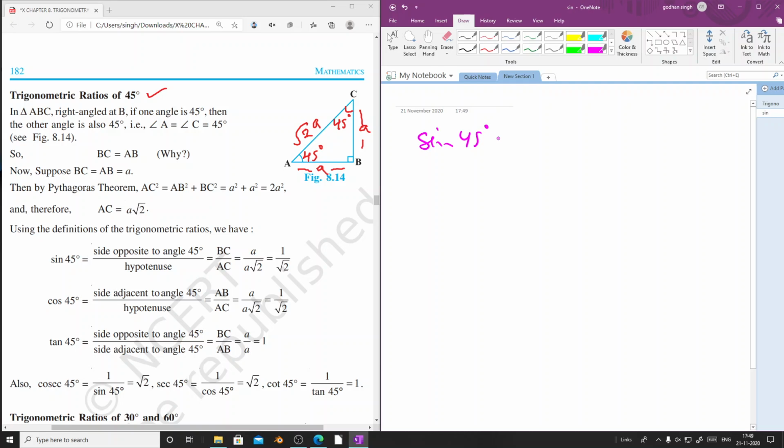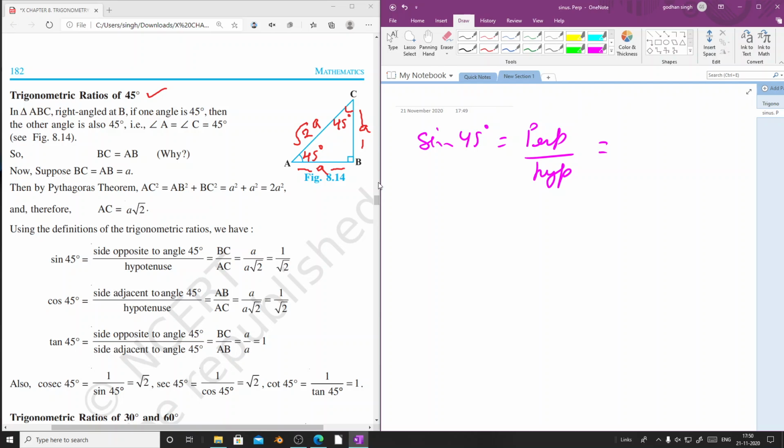Sine theta is defined as perpendicular by hypotenuse. In our consideration we have taken angle A, so sine 45 degree will be equal to perpendicular over hypotenuse.